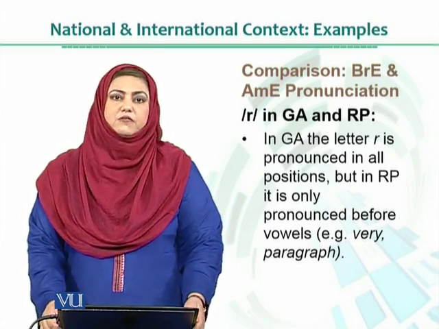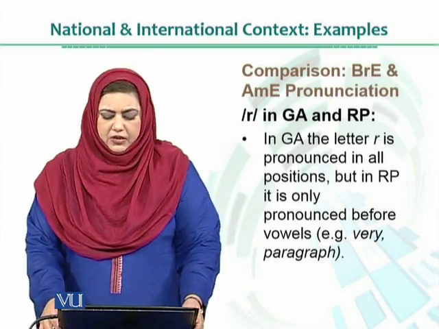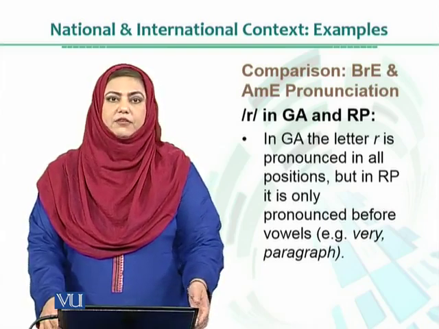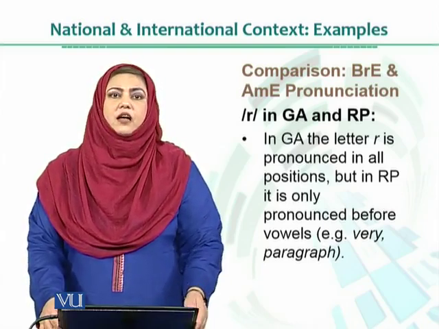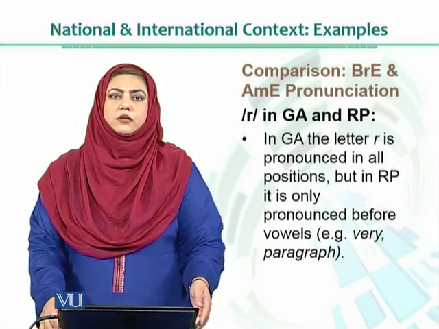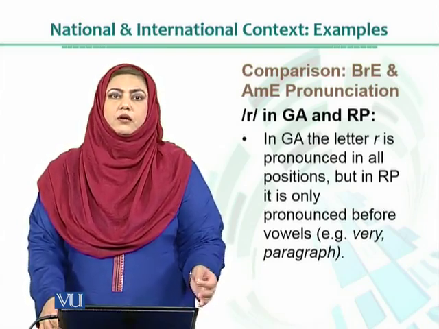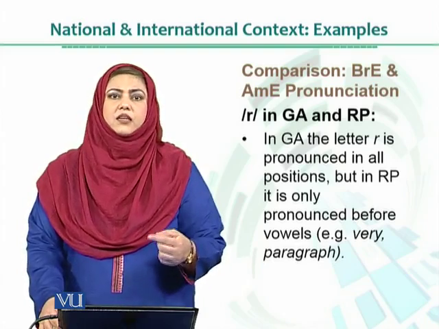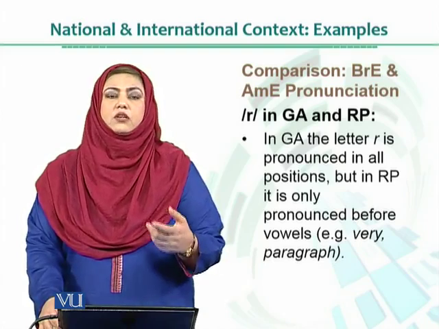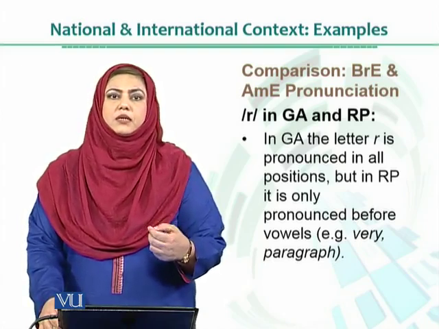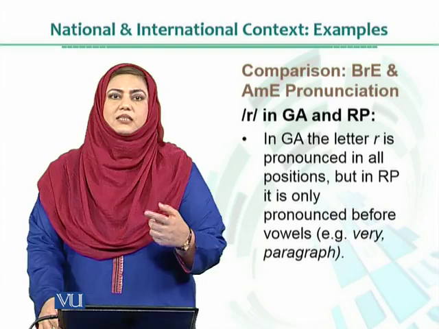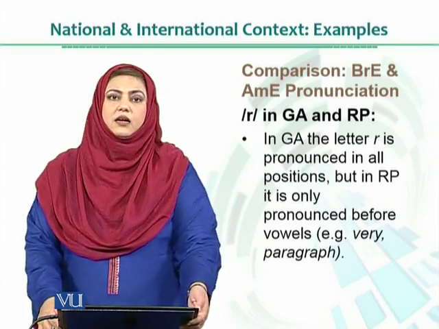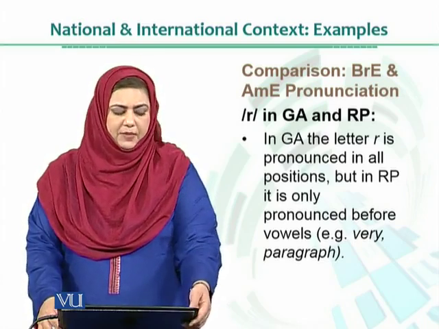But in received British pronunciation, it is pronounced only before vowels such as very or paragraph. Here it is pronounced, but for example, for the word word, it is not pronounced as word. It is pronounced as wuhd, and it is also not pronounced, for example, in verb. R is not pronounced in British English, whereas it is pronounced in American English.